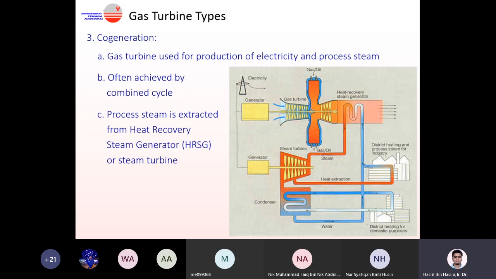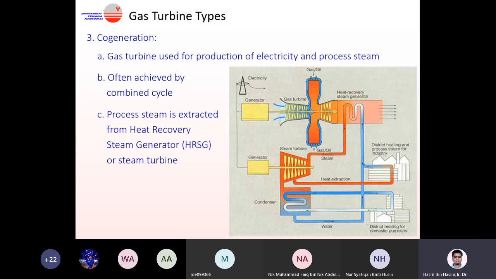Right. We also use gas turbine in cogeneration. In summary, we have open cycle, we have combined cycle, and we can also have a cogeneration plant. Cogen plant uses gas turbine as well. Gas turbine is used for production of electricity and process steam.